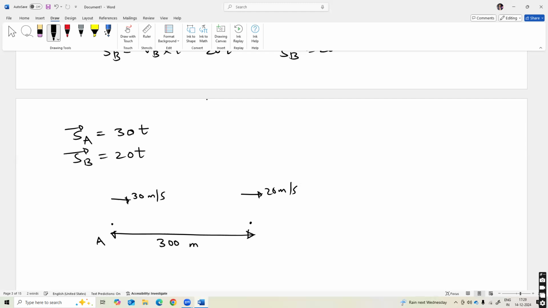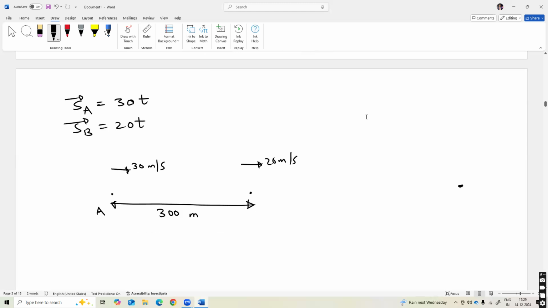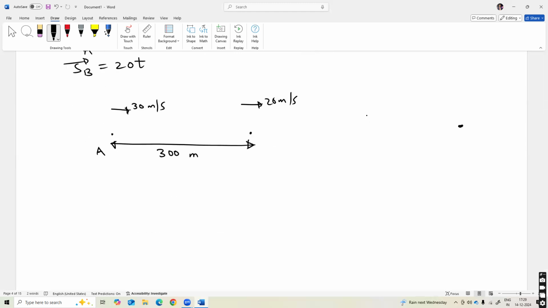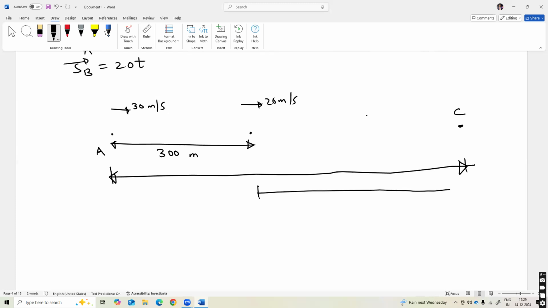Let's consider that they met at this point, let's say point C. This is the distance covered by A, whereas this is the distance covered by B. The distance covered by A is SA and by B is SB. So SA is basically SB plus 300.